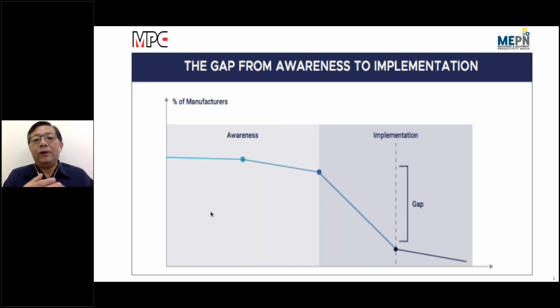They want to improve the productivities. However, after years, when we go and check again, those who are implementing are only very few. It is about 13.5%. This happened in our neighbor country. But in Malaysia, only about 5 or 6% of the SMEs really implement.